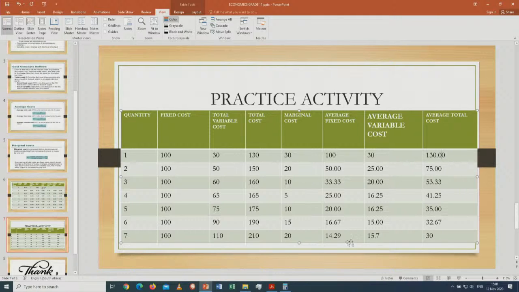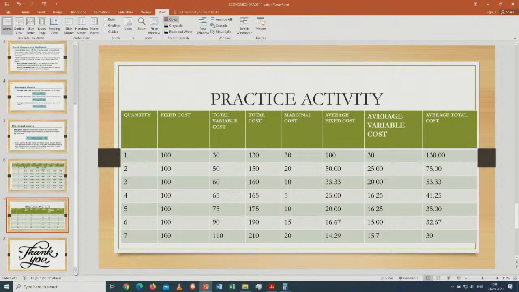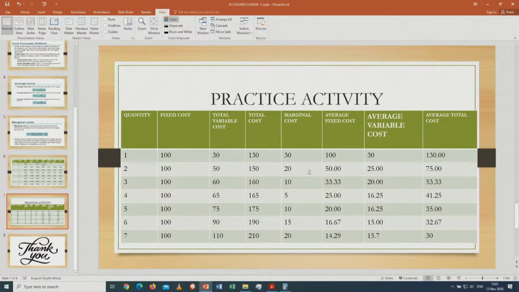As we go on, they must keep on giving us more or less the same amount of cost as we have done. And what will make you know that something is wrong is when you see an outlier kind of number.